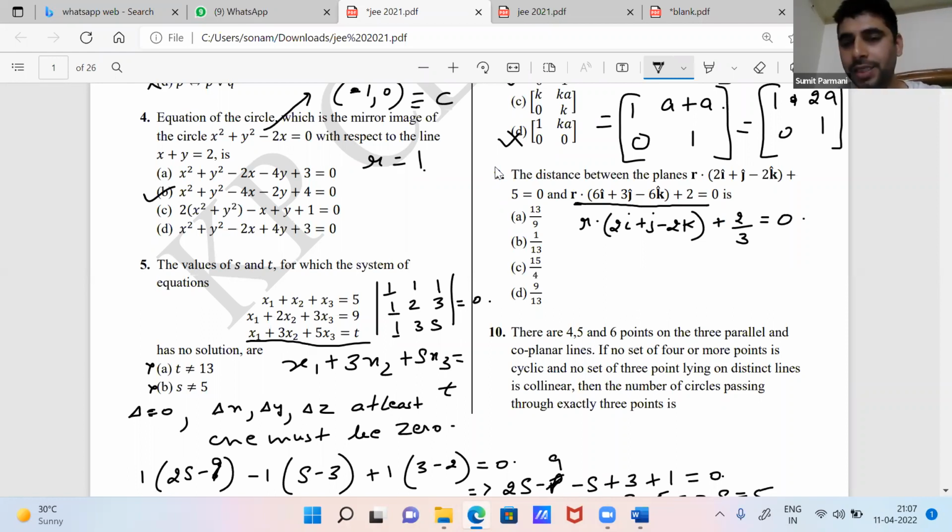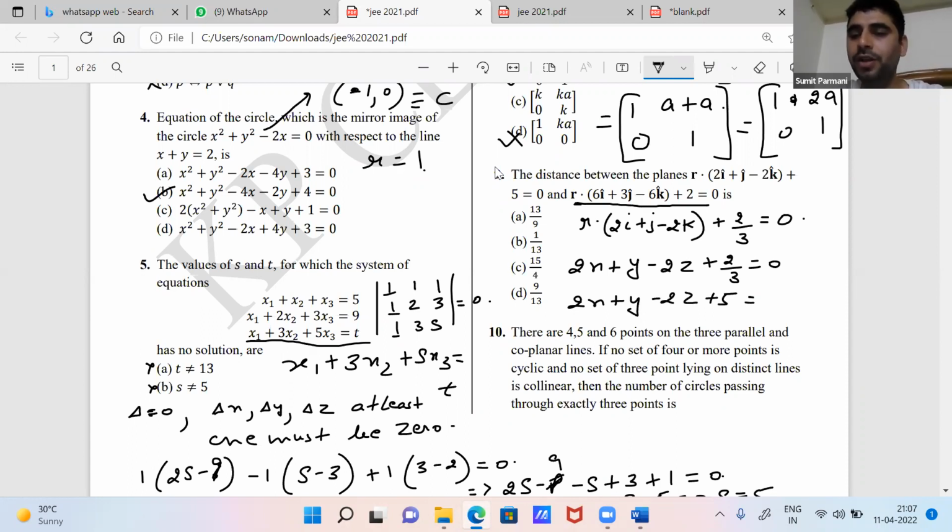And this equation can be written as 2x + y − 2z + 2/3 = 0. The other equation can be written as 2x + y − 2z + 5 = 0.